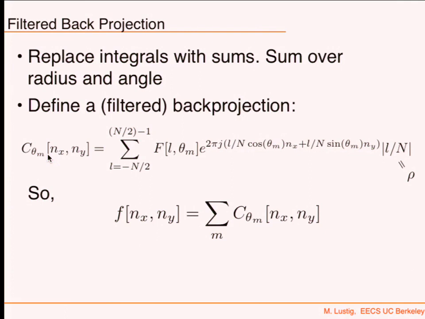I could have added another sum over here, and then it would give me the image. But I'm not. I'm just parameterized by theta. Basically, I'm taking one line and doing an operation, which I call back projection, which gives me an image that is parameterized by theta. I'm going to show you what it is right now.